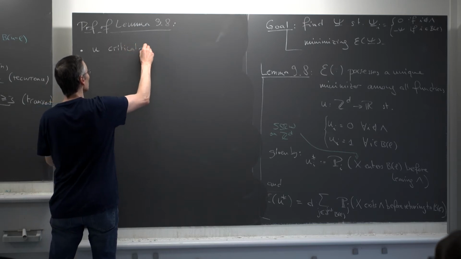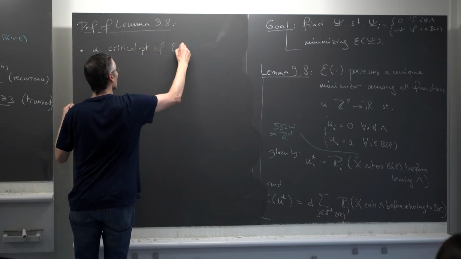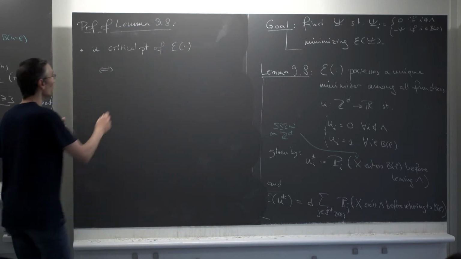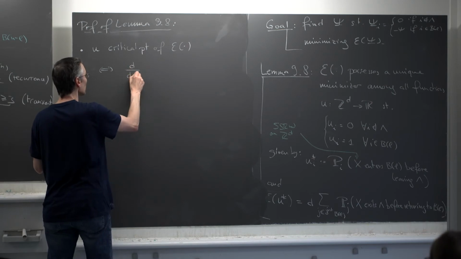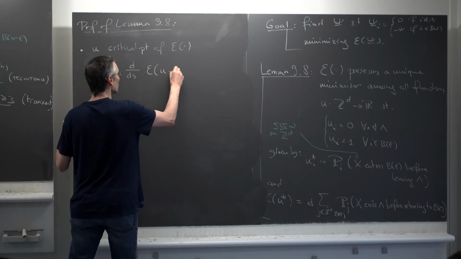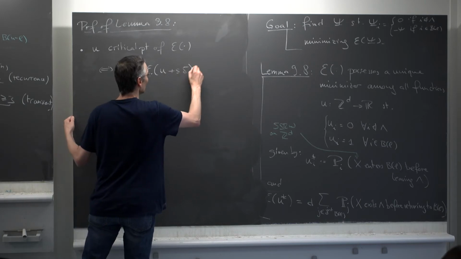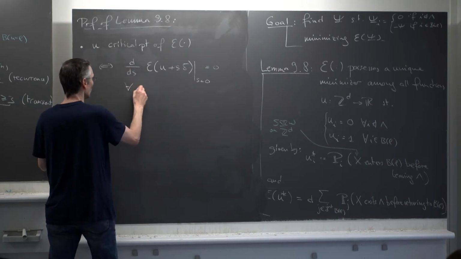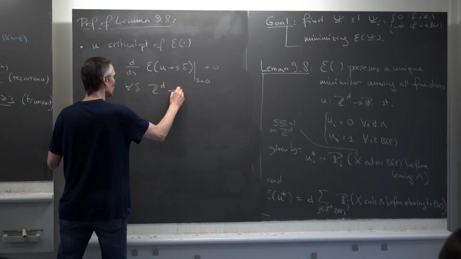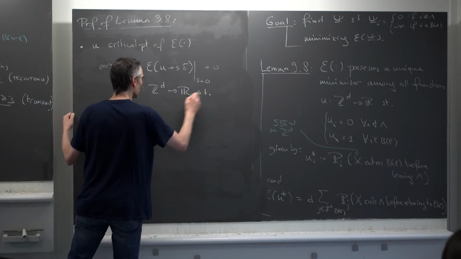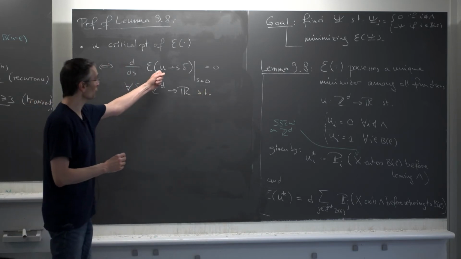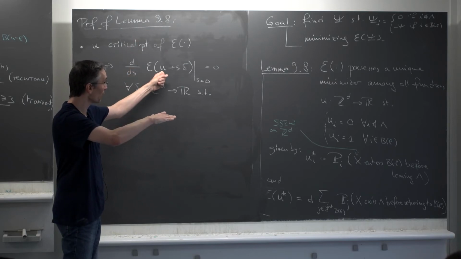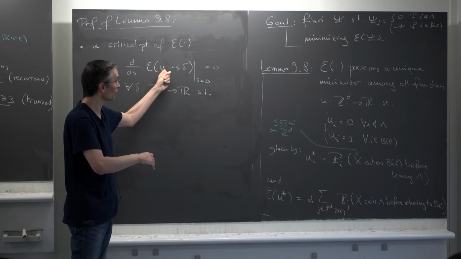So u is a critical point of E if and only if the gradient has to vanish, so we want that the derivative with respect to s of E of u plus s times delta, evaluated at s equals 0, has to be 0, for all delta from Z^d to R such that it has to preserve the boundary conditions. So u is fixed to be equal to 0 outside the box Lambda and to be equal to 1 inside the box B_L. So delta must not change that.